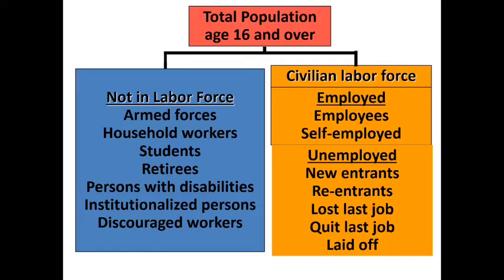We do not expect them to work, so we take only population age 16 and over. Within that population, we have two groups: those who are in the civilian labor force and those who are not in the labor force. In the civilian labor force, we have those who are employed and unemployed.